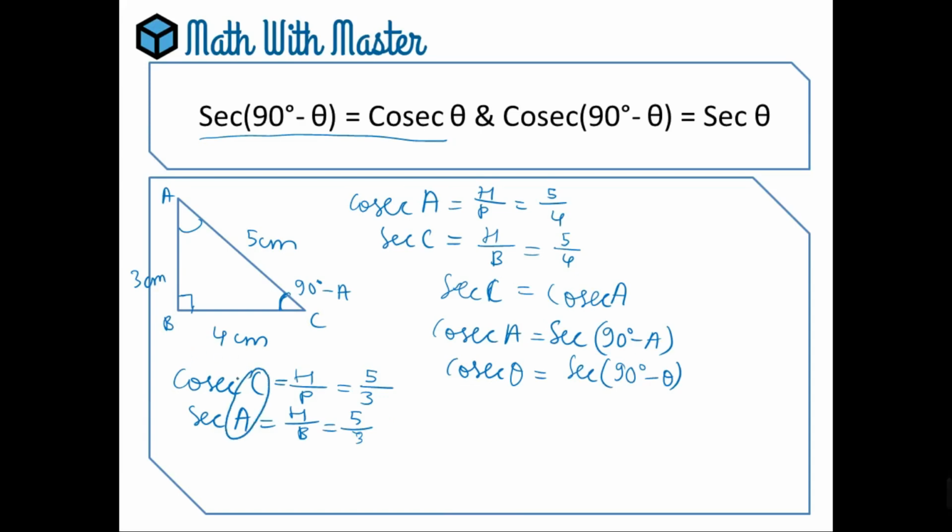So the cosec and sec trigonometric ratios are coming the same.